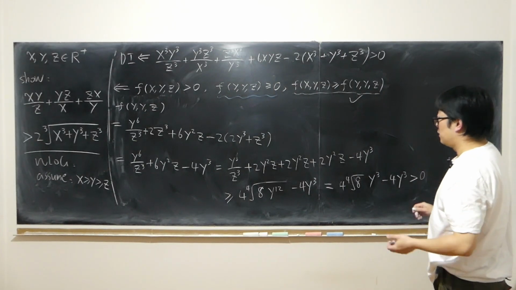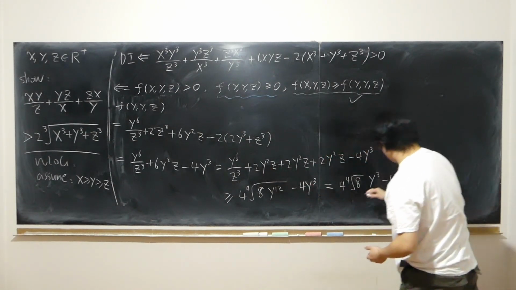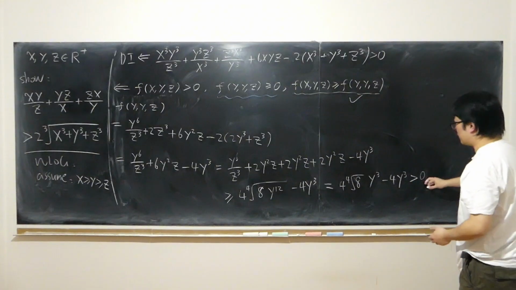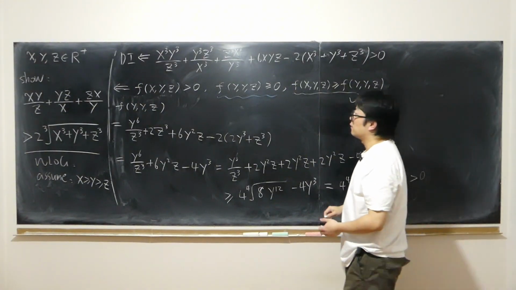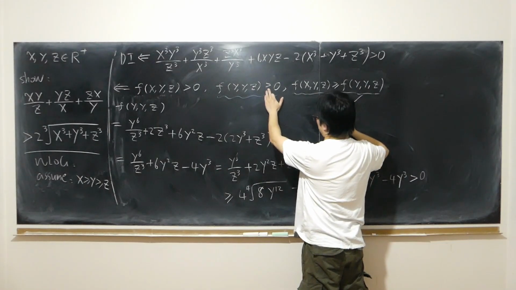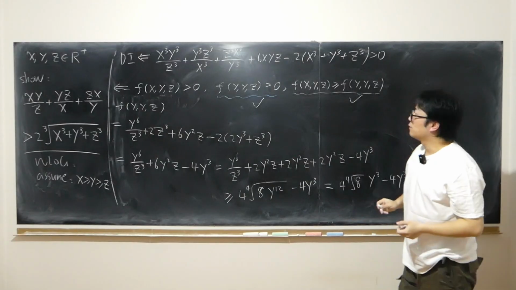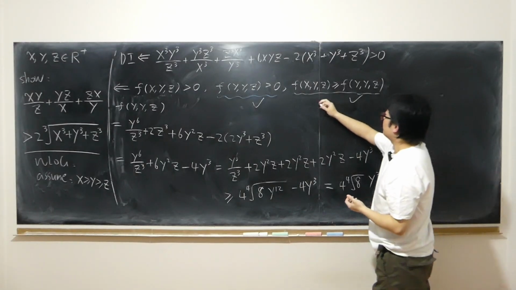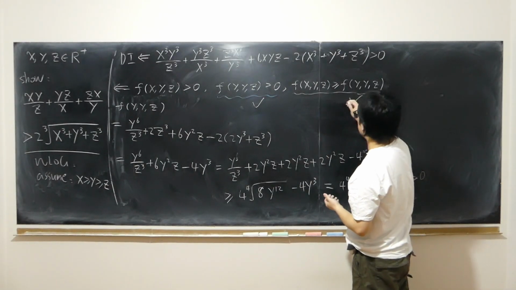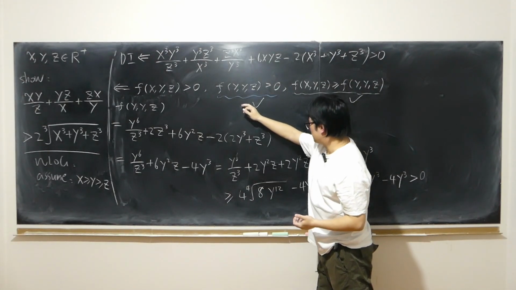So even if those 4 terms are equal to each other, you still have this strictly bigger than 0. So this is really true, strictly greater than 0. Like I said, we've shown that f(x,y,z) is greater than f(y,y,z), and we've just shown f(y,y,z) is greater than 0.